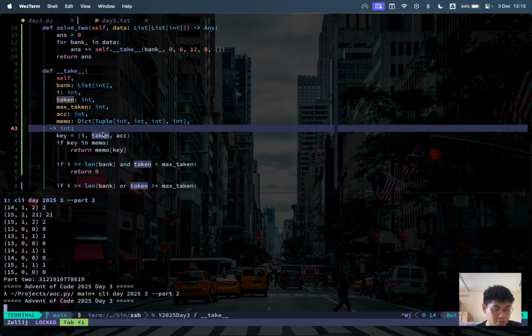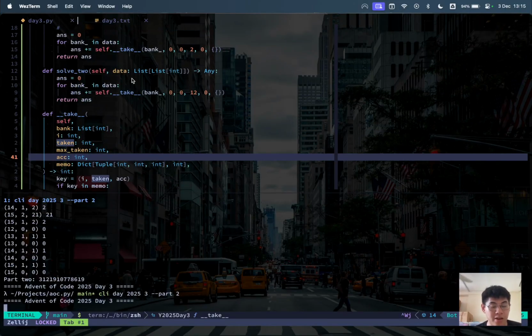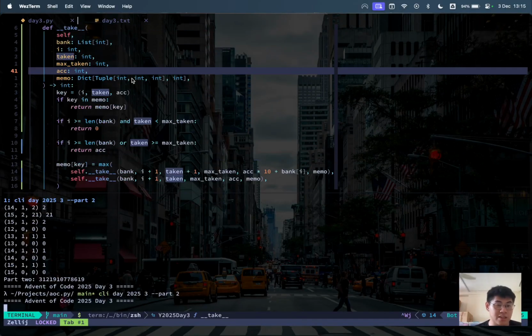Cool. So maybe this would be a bit faster. Probably not. But that is one of the first ideas I have, which is to try every position, where either we take it or we don't take it, and then that is the answer. I am assuming that there is a greedy solution for this.